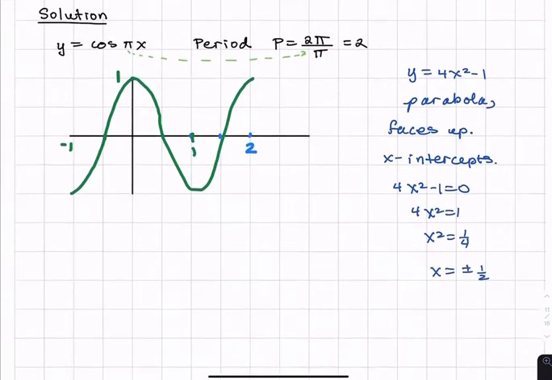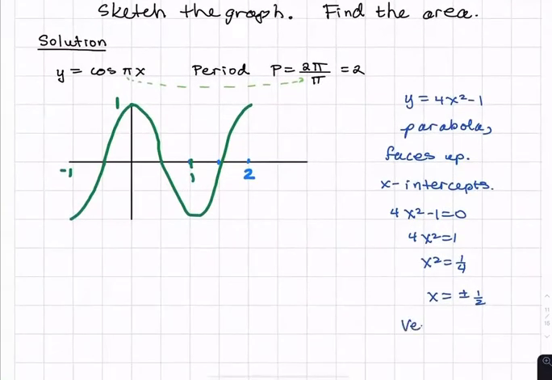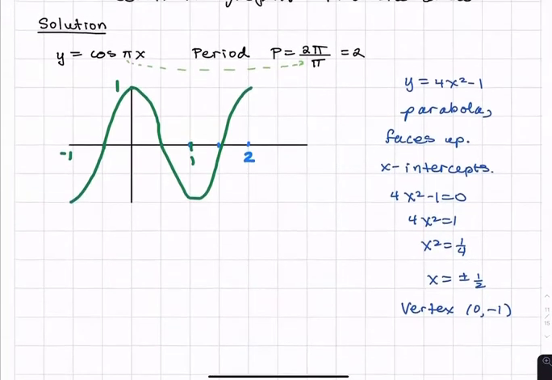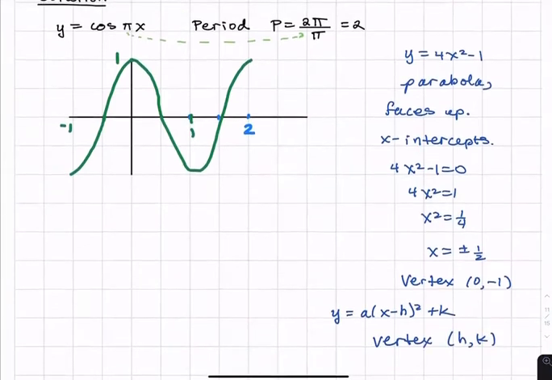This is also in a standard form for a parabola, so we can see the vertex. The standard form is y equals a times (x minus h) squared plus k, and the vertex is (h, k). I have x minus 0 squared, so h is 0, and k is -1.